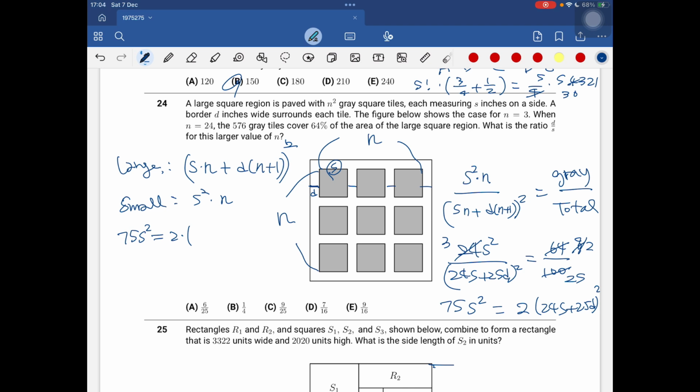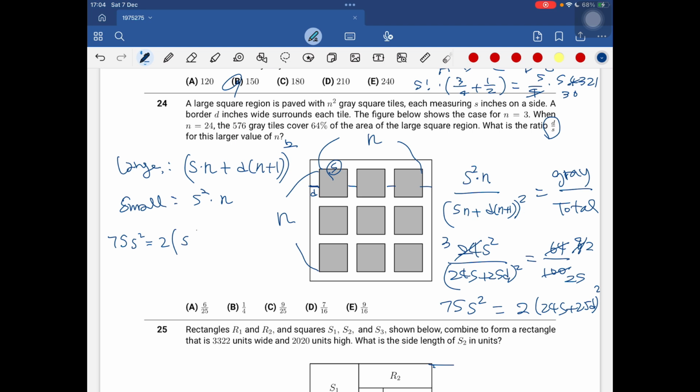So 75s squared is 2 times (24s plus 25d) squared. Because of the calculation, I'm hesitating to go further, so let's make it a little bit simpler. Anyway, we want to know d over s.